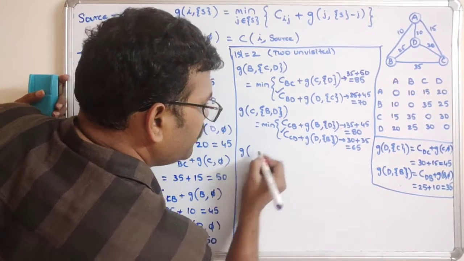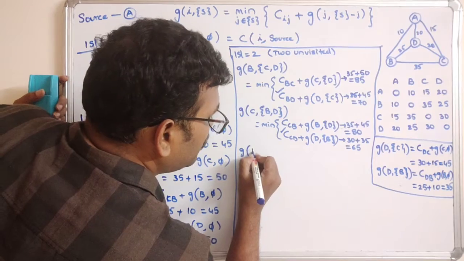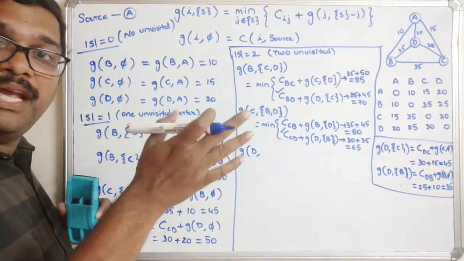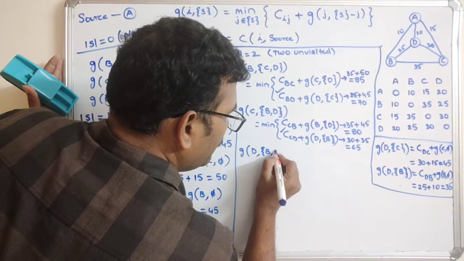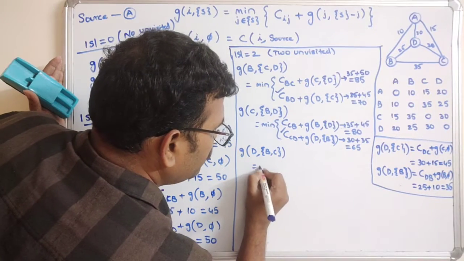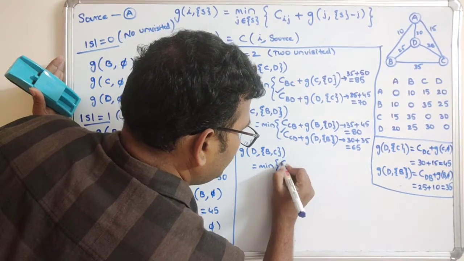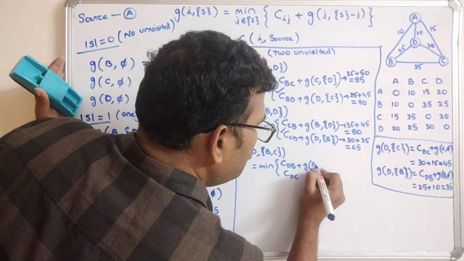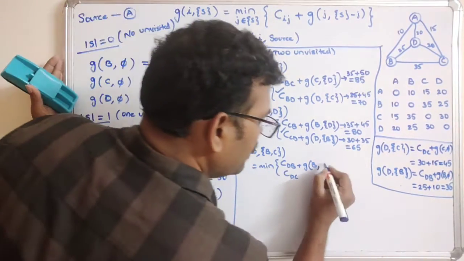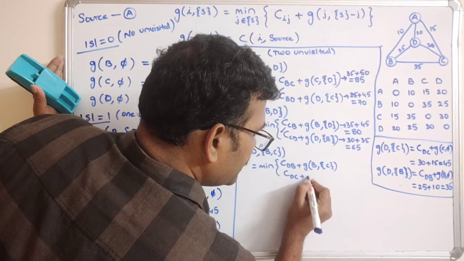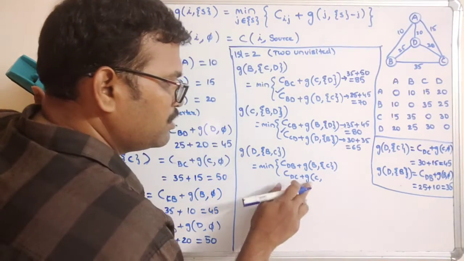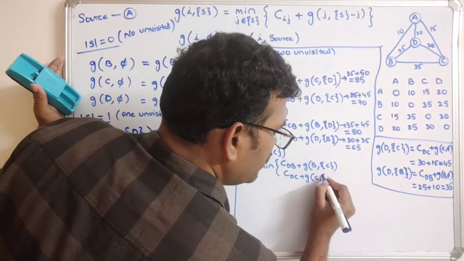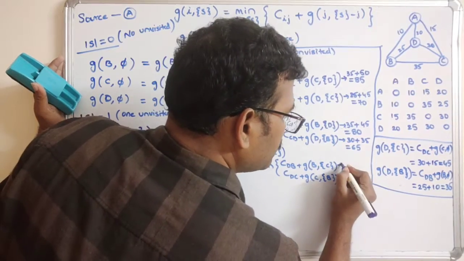And the next one, what is the next? D. If the possible source is D, from D there can be an edge to B and C. So here we can write G of D comma B C is equal to minimum of DB plus G of B comma C, since if we minus B the set will contain only C, plus DC plus G of C comma B, if C is the source and we remove C from the set, it will be B. What is the amount here?